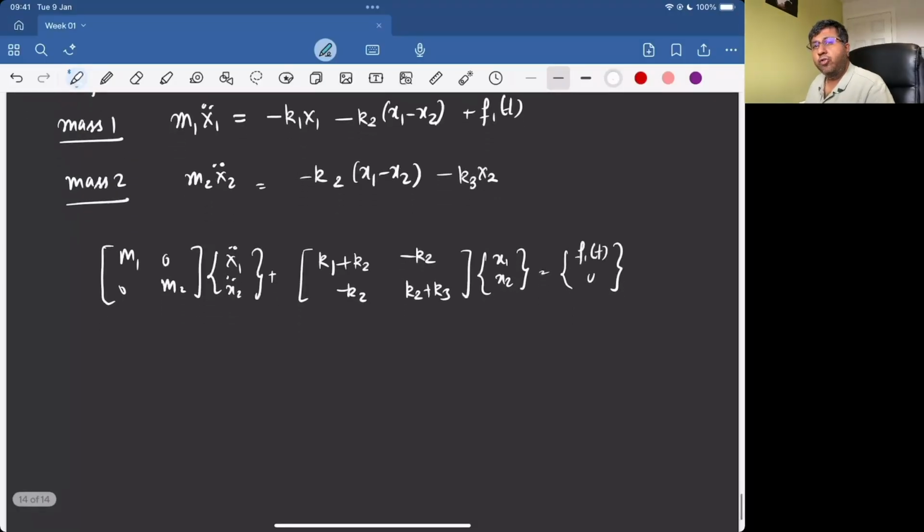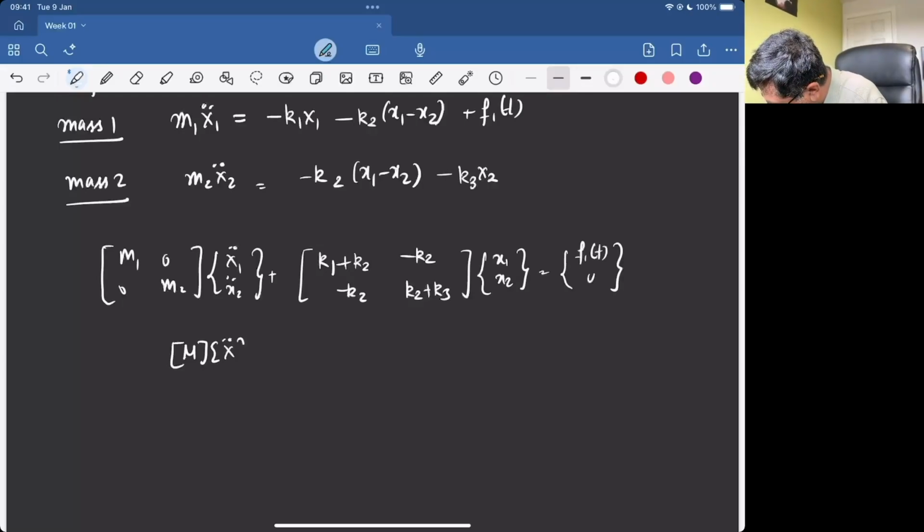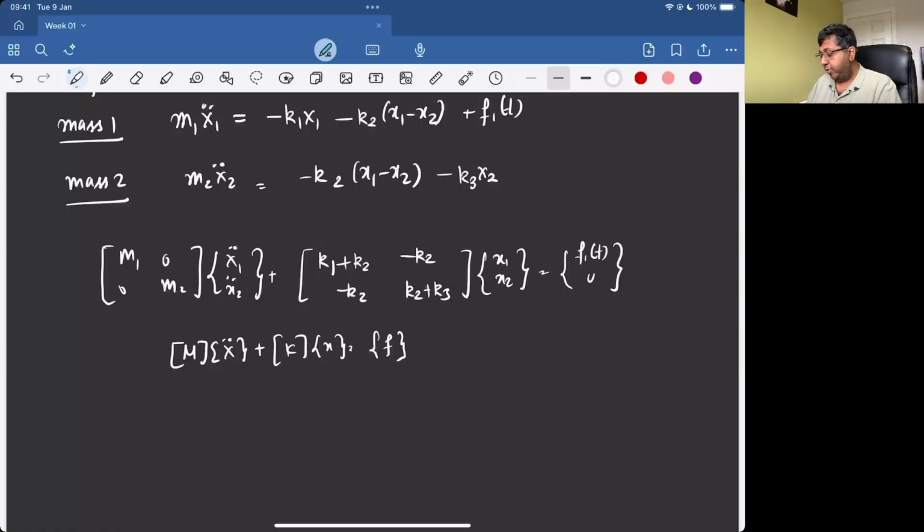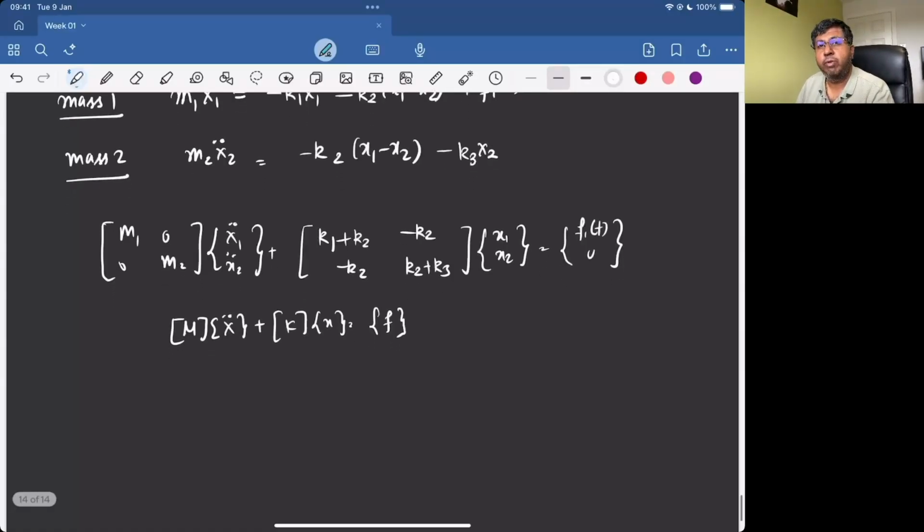Or I can also write it in a simpler form, saying m into x double dot plus k into x equal to f. Right? That looks like our standard equation of motion, but in a matrix form.